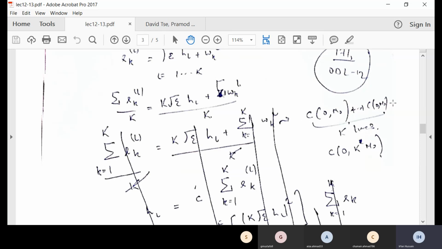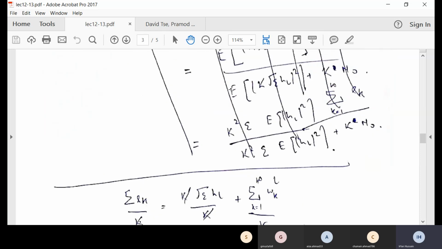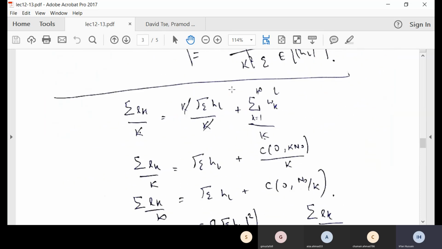So they are being added K times, so this will be K times N naught. Dividing this, K goes inside, so 1 over K square, so K into 1 over K square will become N naught over K, and this K cancels.